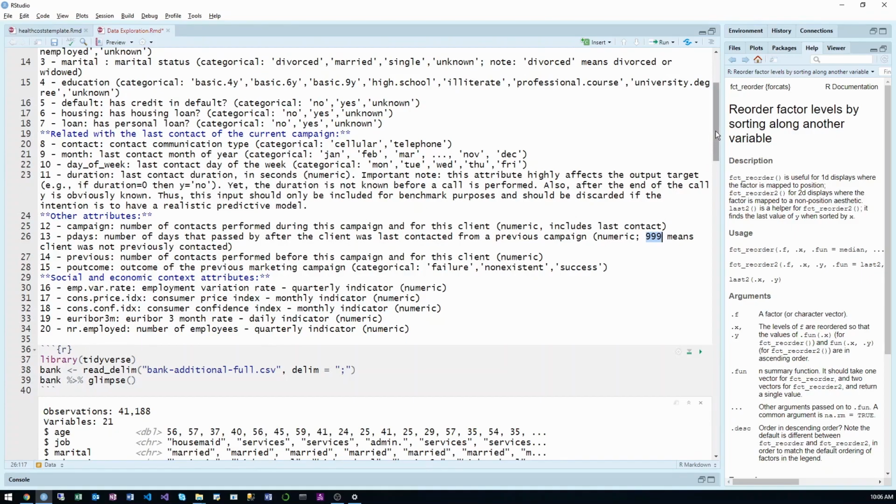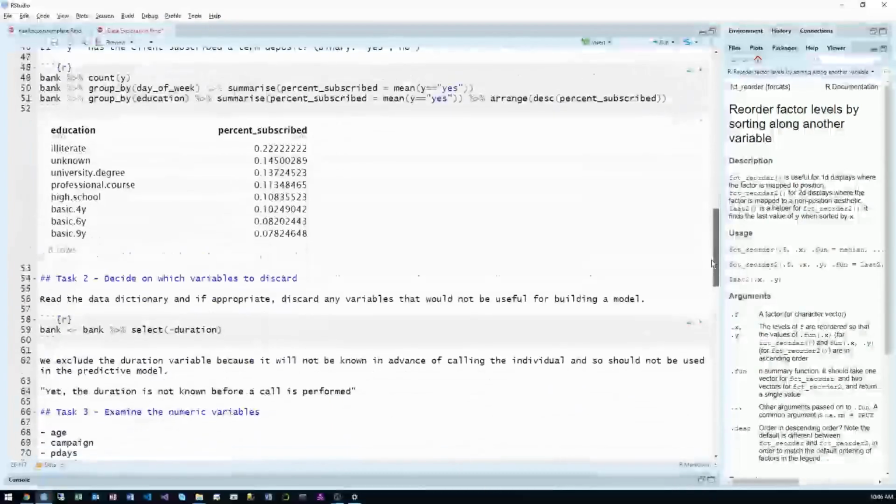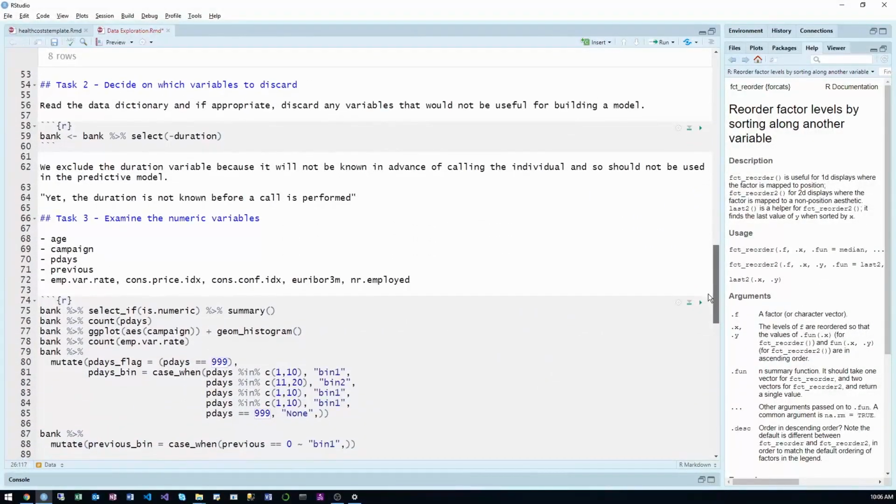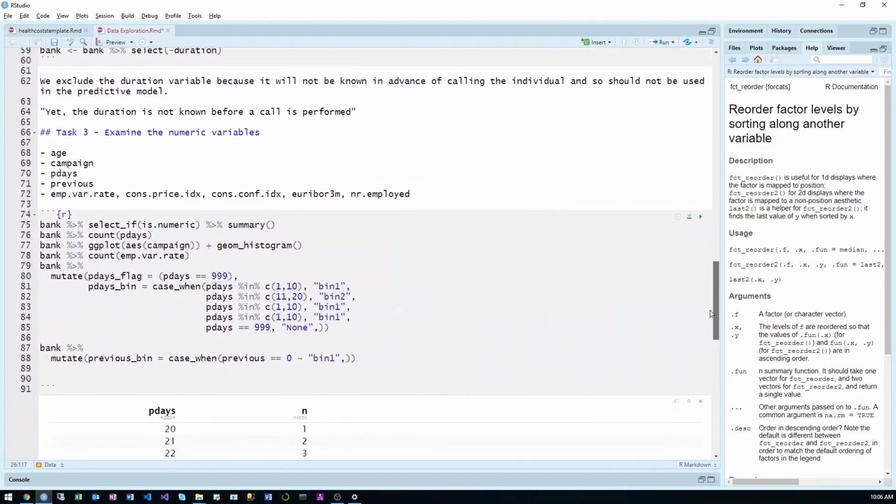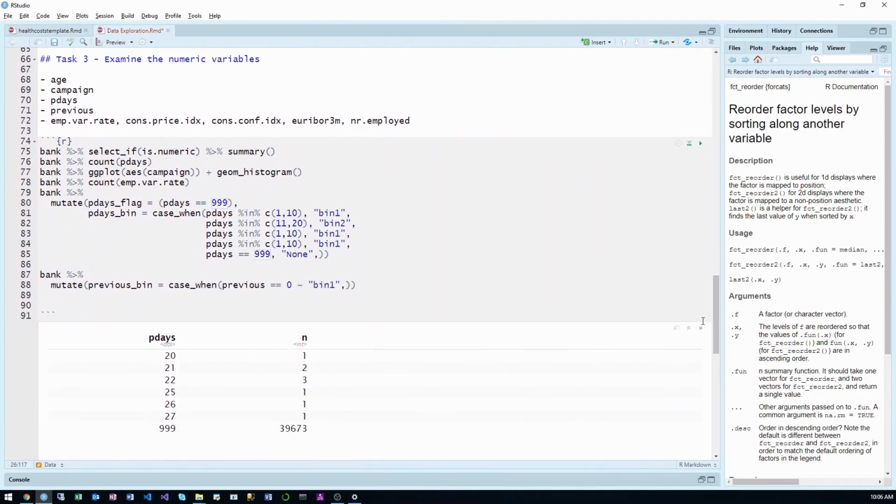So the modules don't cover missing value analysis, but there's a lot of theory around missing values. There's something called missing at random or missing not at random. Basically, missing at random is when there's absolutely no pattern in the missing values.